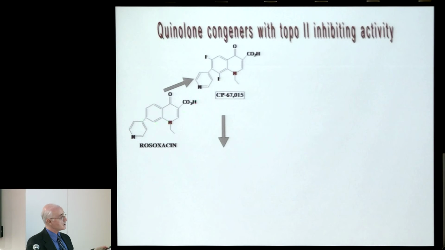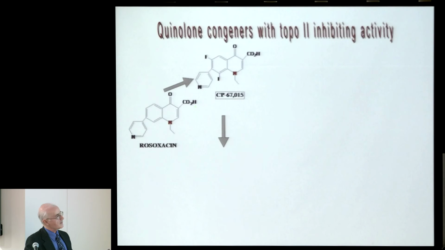So they changed this one, removed the fluorine from here, and made the pyridine here, and they came up with a molecule by the name of rosoxacin. Rosoxacin is the first compound from this class which shows anti-cancer activity through topoisomerase.